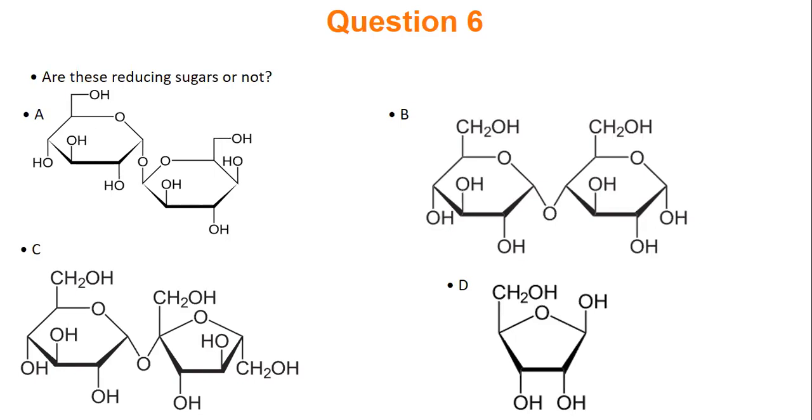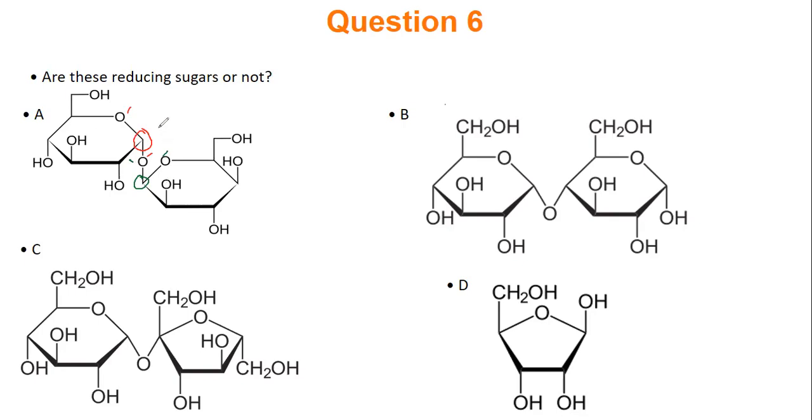The first thing you want to do is find the anomeric carbons in each sugar. It's the carbon connected to 2 oxygens. So this is my anomeric carbon because it's connected to oxygen here, oxygen here. My other sugar, this is my anomeric carbon because it's connected to oxygen, oxygen.